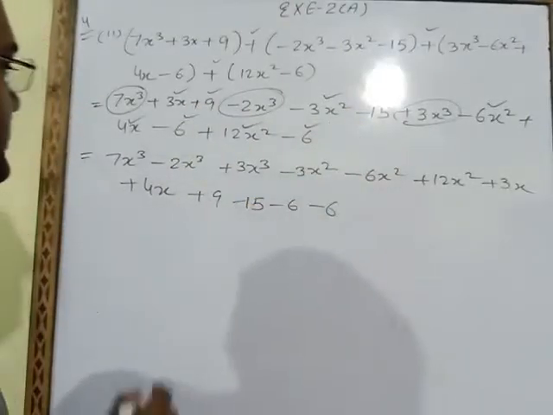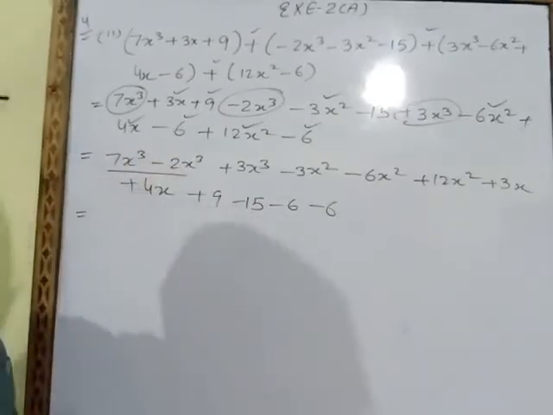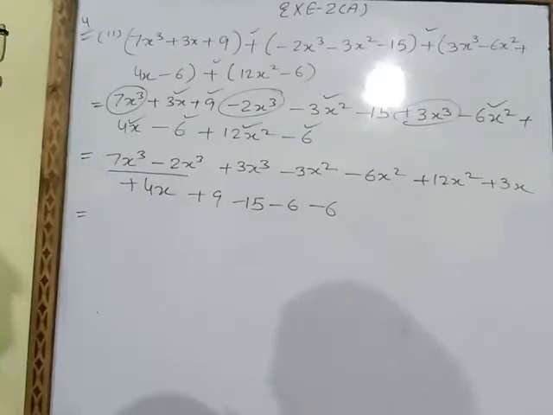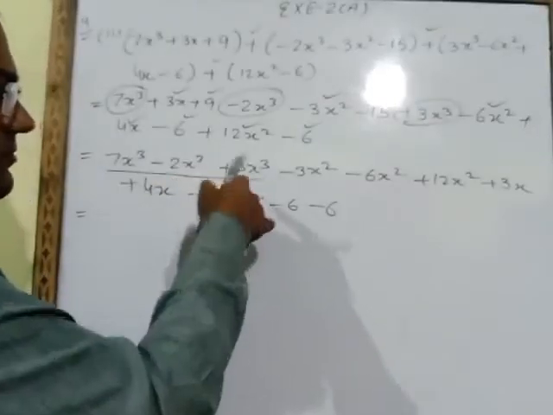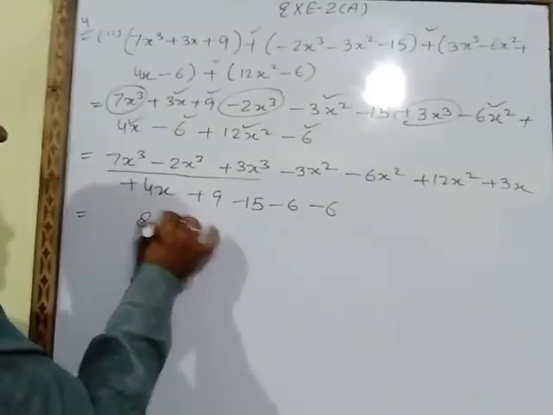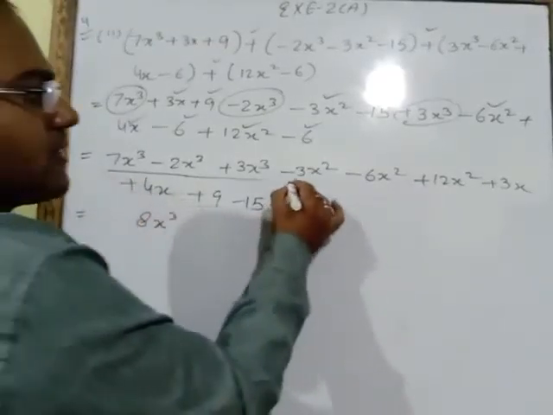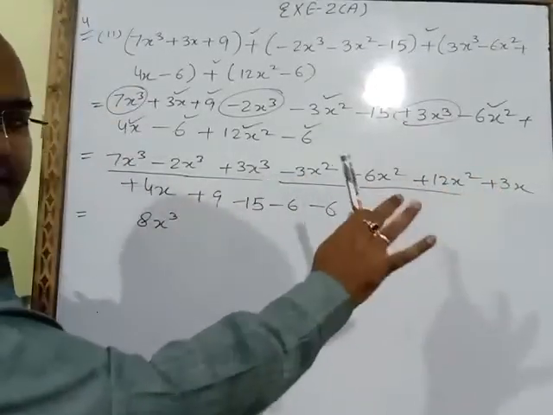Now we will solve these terms. 7x cube minus 2x cube, answer will be 5x cube. In that 5x cube we will add 3x cube, then it will become 8x cube. Now we will solve these three terms. These are like terms.